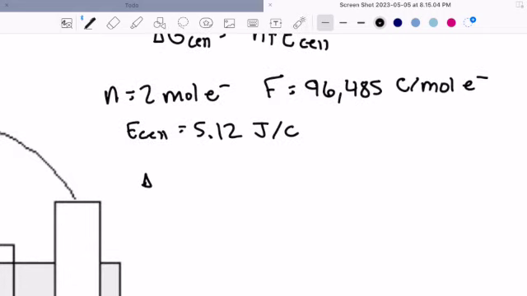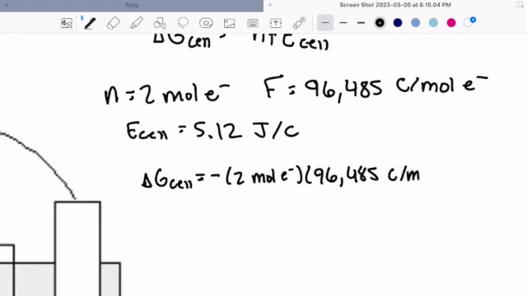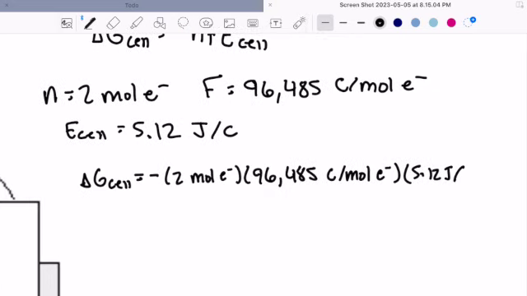So delta G cell equals negative 2 moles electrons times the given constant of 96,485 C per mole times 5.12 joules per coulomb, which is the value we just calculated, and the total value is negative 988,160 joules.